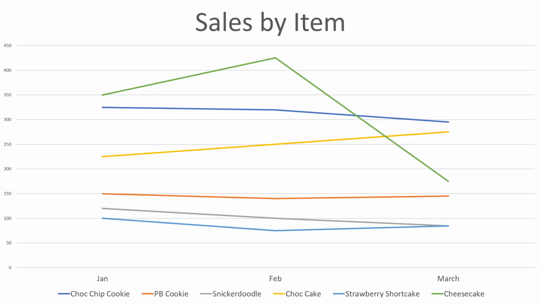This is only 3 months, so the data is really abbreviated. But if we showed the whole year, we might have a better idea of how the data goes. Okay. So which item showed the sharpest decrease?